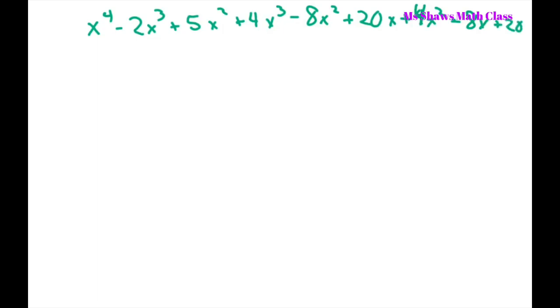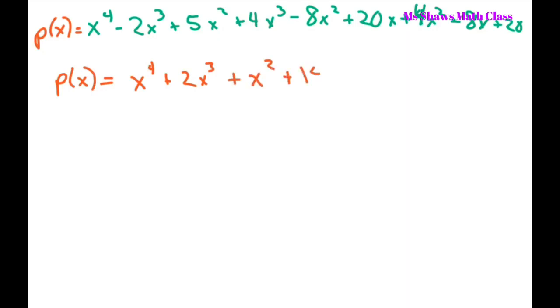So that's your P of x. And so finally, if you put all this together and collect like terms, I got x to the 4th plus 2x cubed plus x squared plus 14x plus 20.